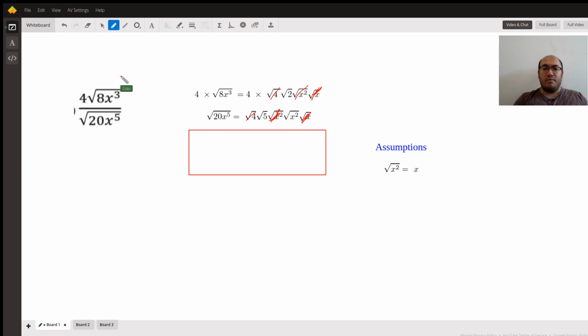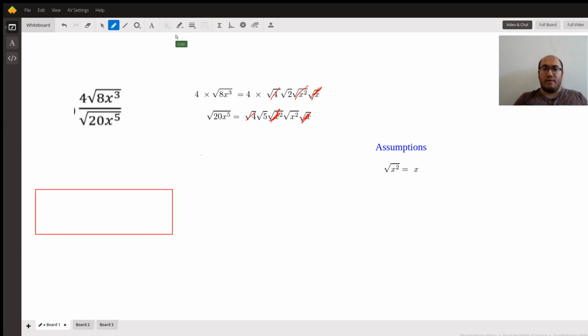So now as I'm running through my terms that are left over, if I look at the top part, I've got a 4 left, and I've got a square root of 2. So I'm going to just write that as 4 square root of 2.